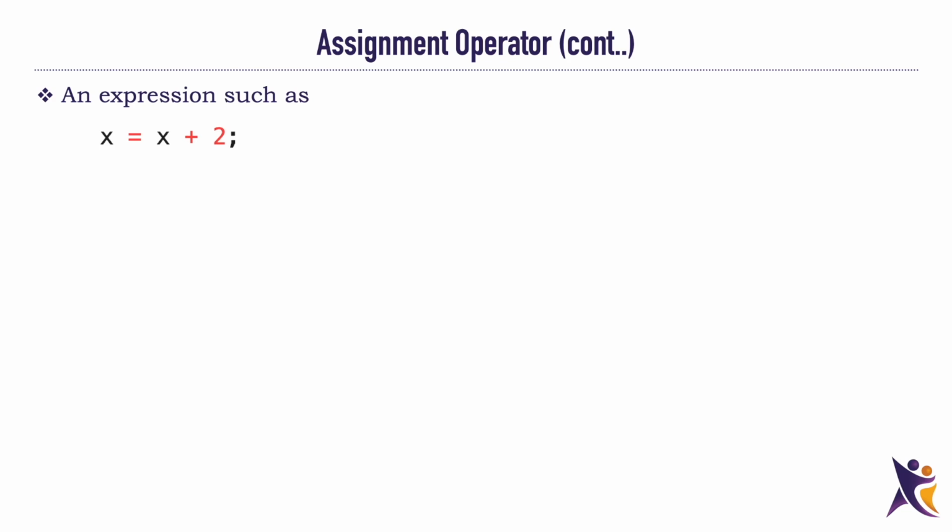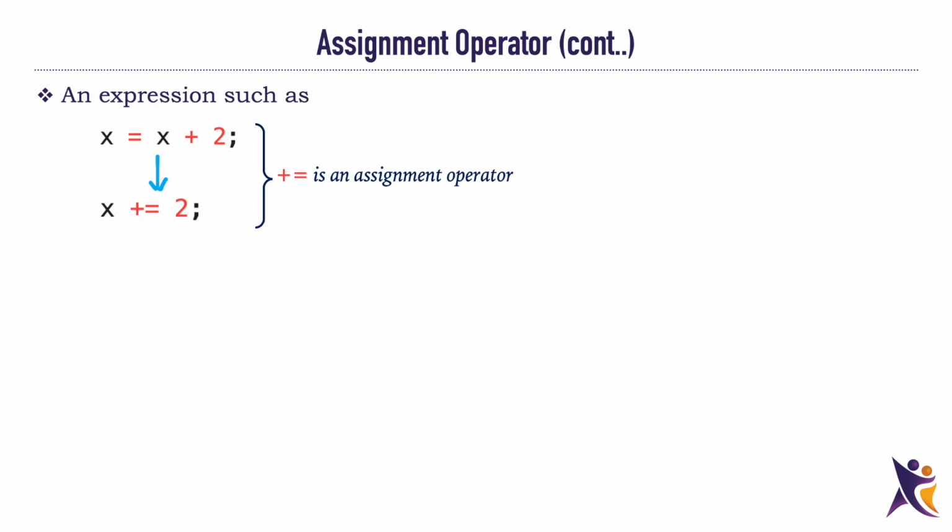So this statement can be written as x plus equal to 2, which is a shorthand notation of x equal to x plus 2, right? In this case, plus equal to is an assignment operator. This is a shorthand notation.